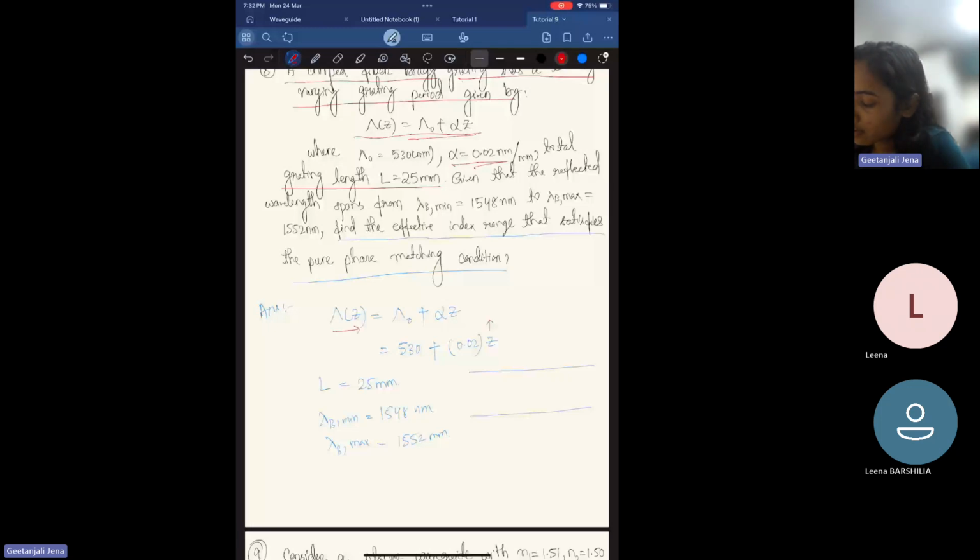The period is gradually increasing like this. That means at different positions, different wavelengths will be reflected back. The maximum and minimum are already given. Now you need to find out what is the range of n effective.